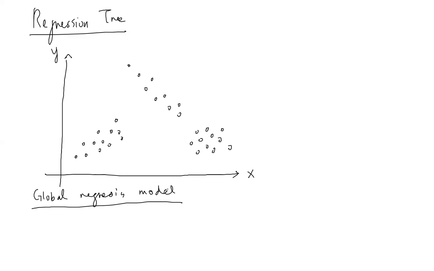No. That means you try to fit a straight line across this entire data space. Will you get a good model? No. If you just look at it visually, can you fit a linear equation through this data space and get a good fit for your data?